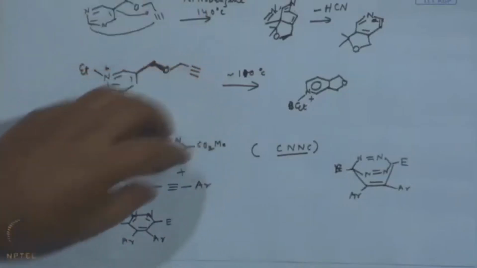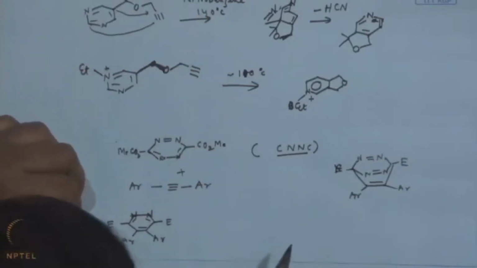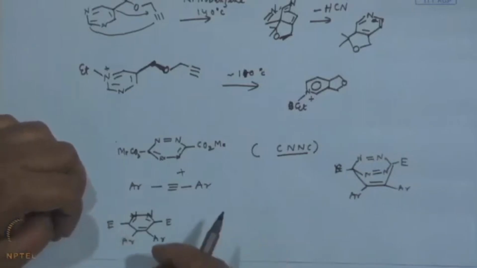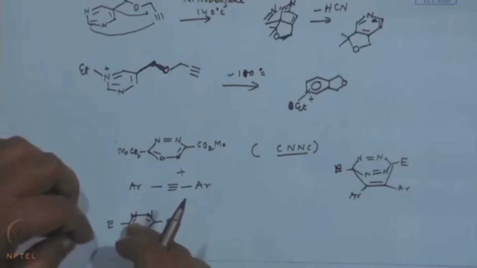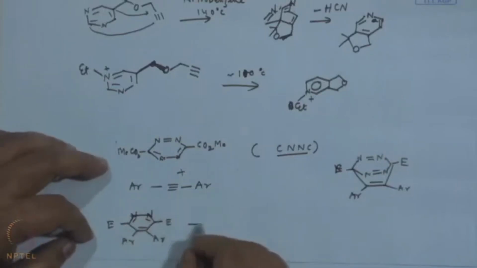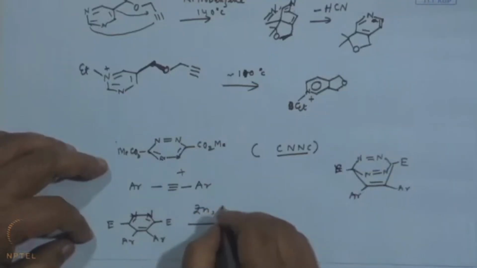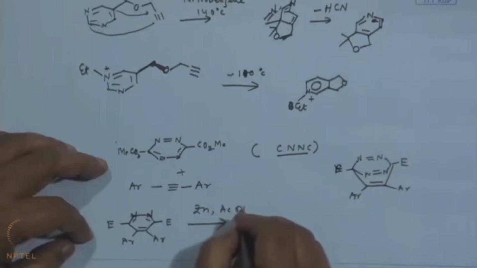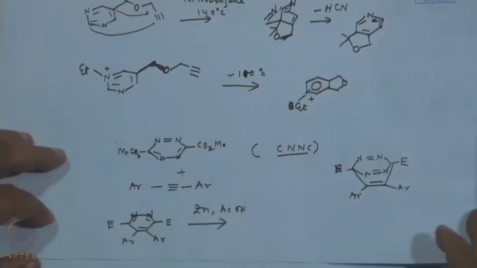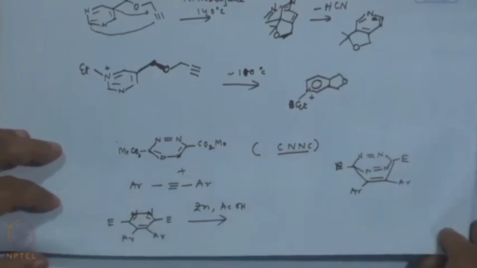What next? That means, tetrazine can be made use of in the Diels-Alder reaction to produce pyridazine derivative. That is not all. Actually, once upon a time, I think I told you, it is a very clean reaction. If you react with zinc and acetic acid, you will get something.